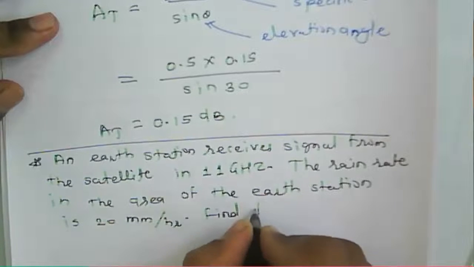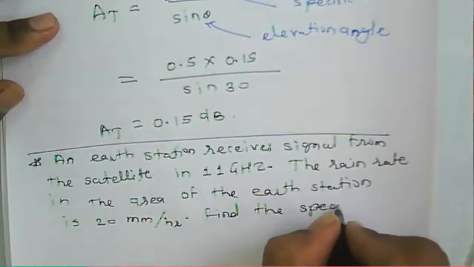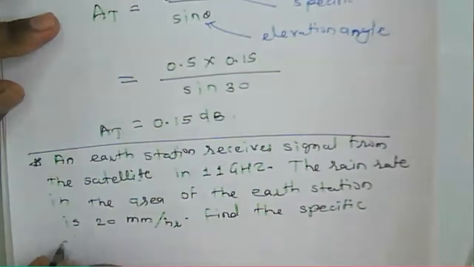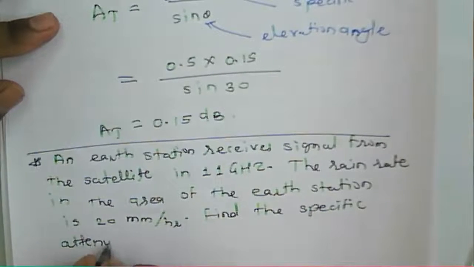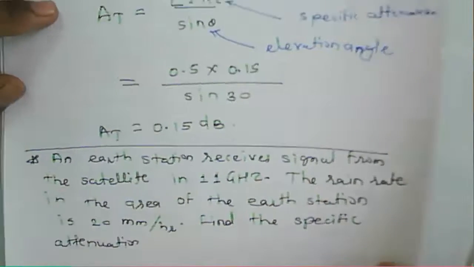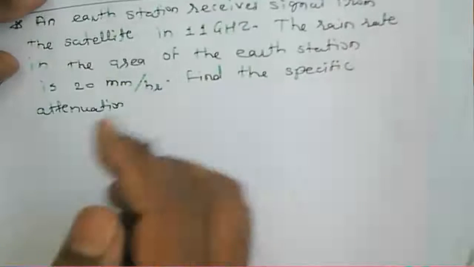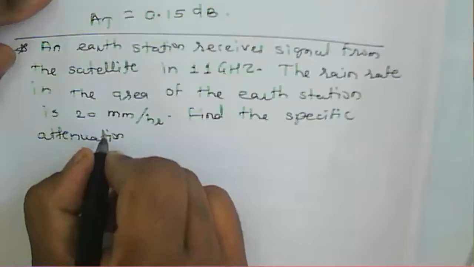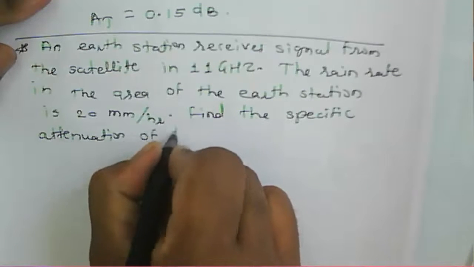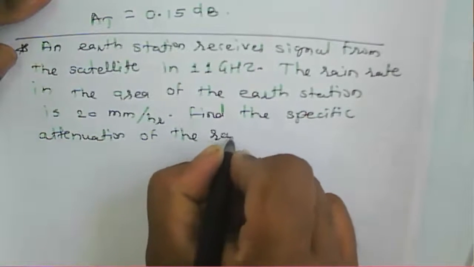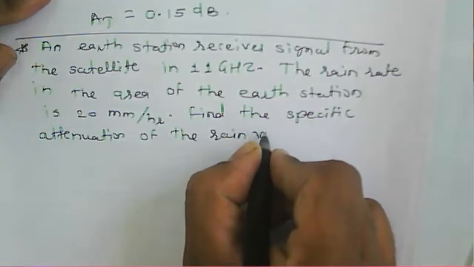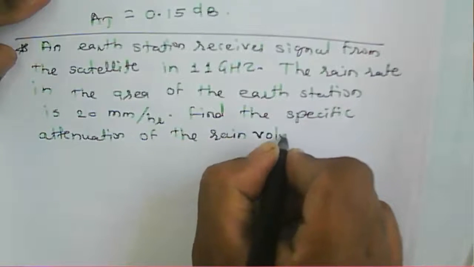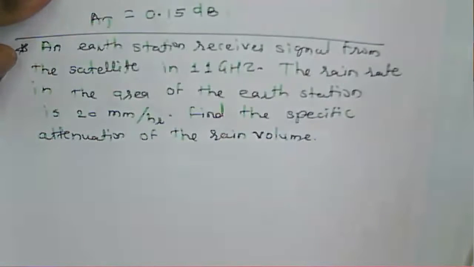Find the specific attenuation of the rain volume.